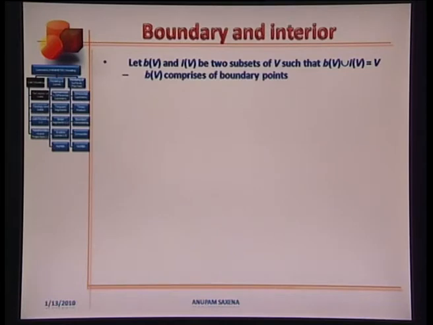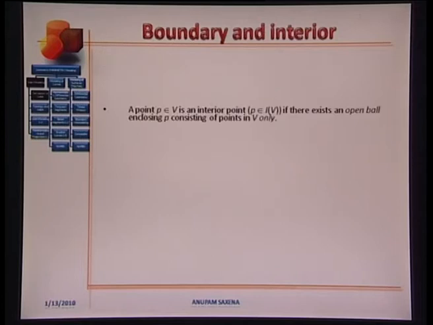BV is the set that comprises all boundary points. IV is the set of all interior points. A point P belonging to V is an interior point, that is, P belongs to IV if there exists an open ball enclosing P consisting of points in V only.